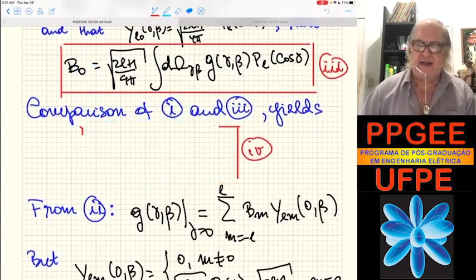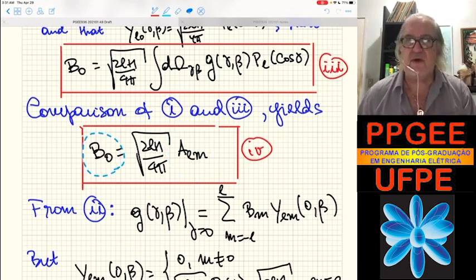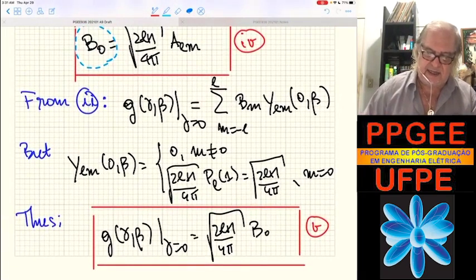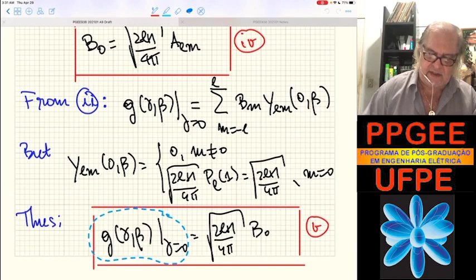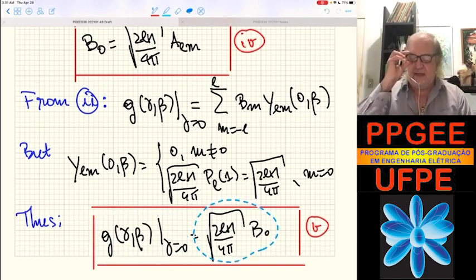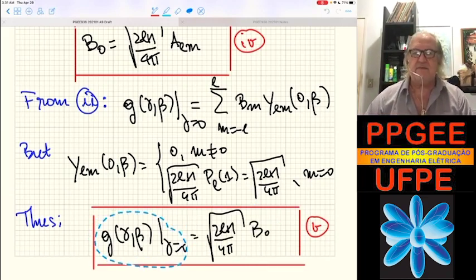Why is this important? Because I have a relationship between B0 and ALM right here. So this is known, right? Recall, I want to calculate this guy here. If I know B0, the problem is solved. So what I'm showing is that G of gamma, beta for gamma equals 0 equals this multiple of B0.